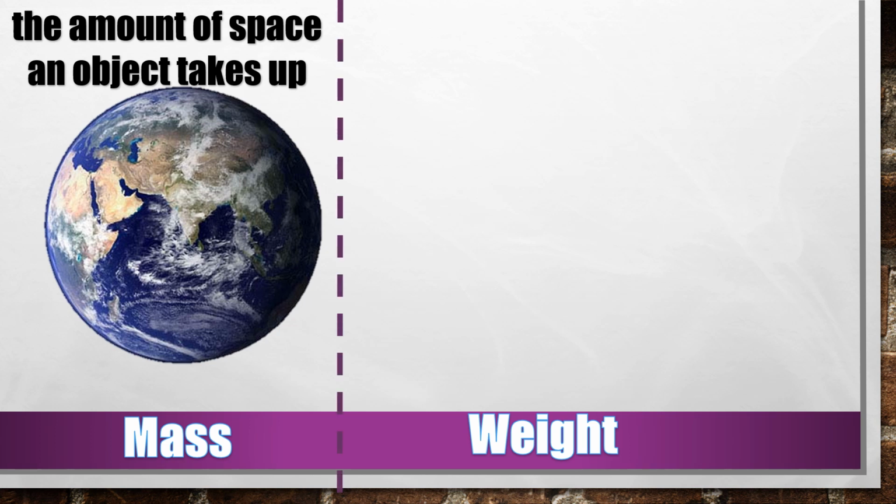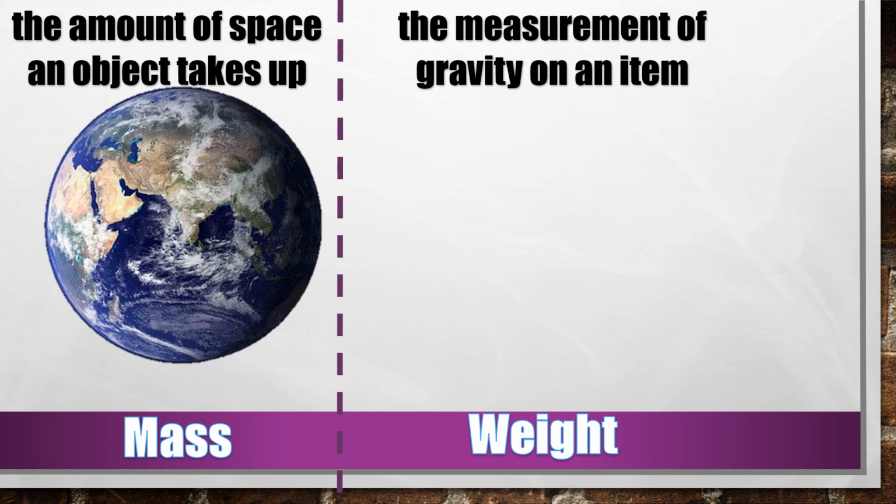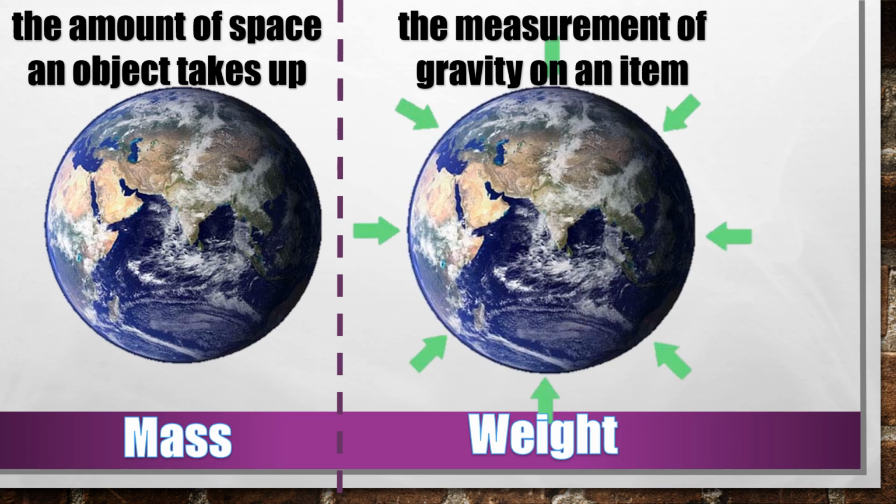Where weight is measuring the gravitational pull on an object. If I go to the top of a mountain where there's less gravitational pull, then I'm going to weigh less than if I go to the deepest parts of the earth, not inside the ocean, but like on land, then I'm going to weigh more because I'm closer to the pull of gravity.